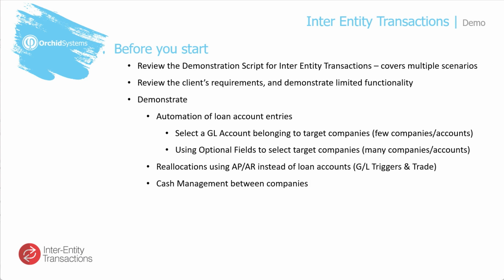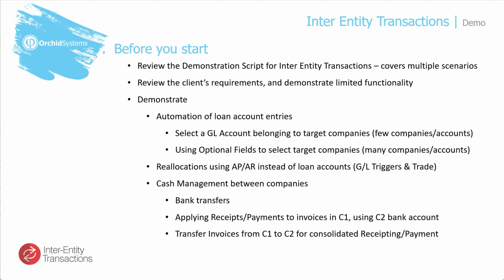And we have cash management between companies, bank transfers, applying receipts and payments to invoices in Company 1 using Company 2's bank account, or transferring invoices, AP or AR, from Company 1 to Company 2 for consolidated receipting and payment. But the typical demonstration is the automation of loan account entries using GL accounts to select the target company and bank transfers. And those are the 2 I'm going to do now.